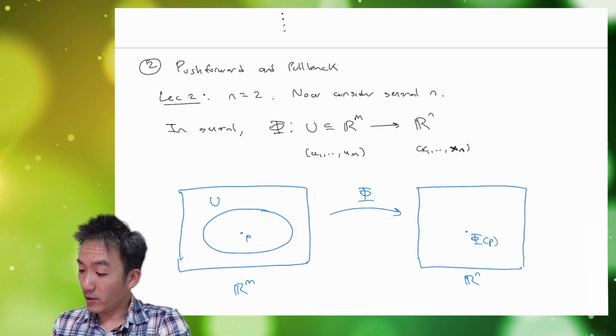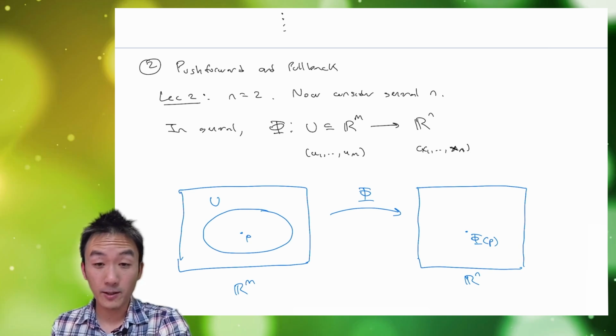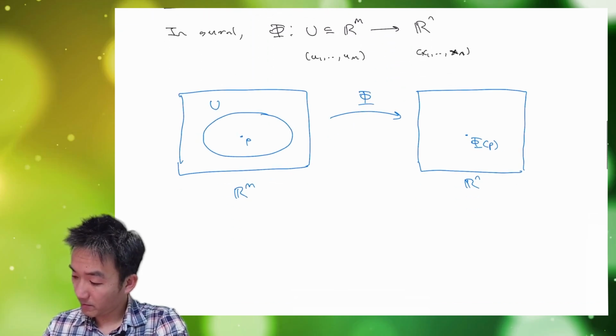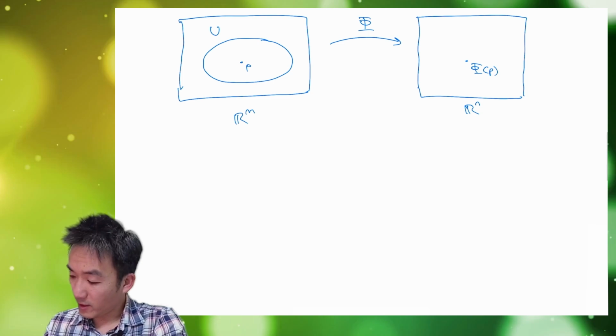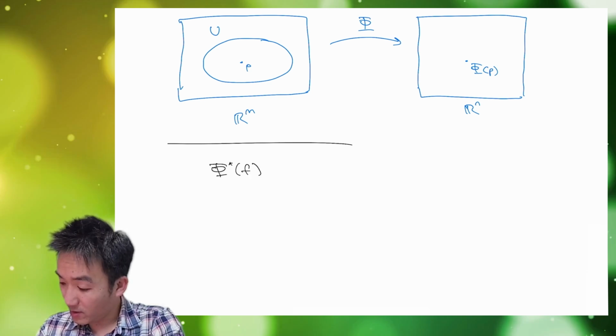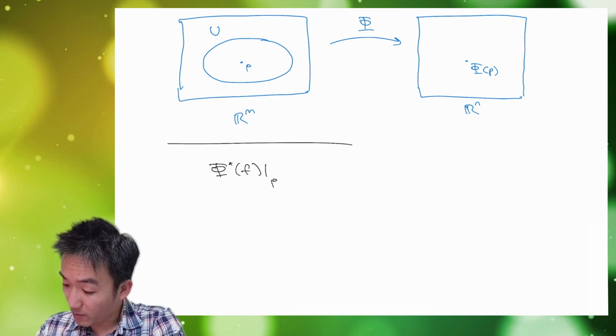Let's look explicitly at how the push forward and pullback formulas look at this level of generality. We can pull back functions, and the expression is going to be the same because it's coordinate independent the way we thought about it.